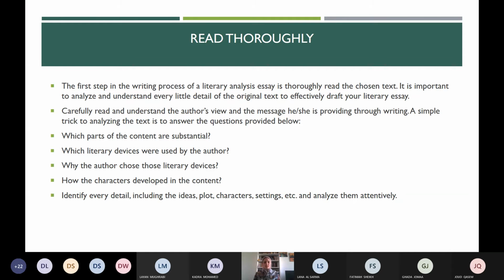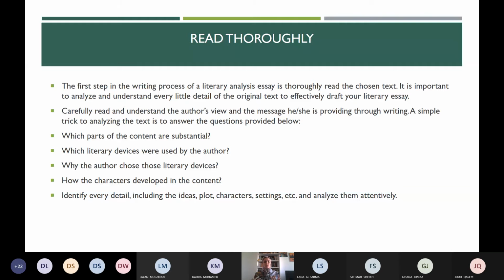If I have a protagonist who has developed into a good one at the end, or an antagonist who has developed into a good person at the end, we would mention that the antagonist, and I mention who the antagonist is, has developed at the end of the story. Okay, so it is a dynamic character.